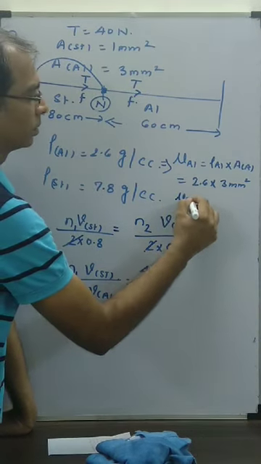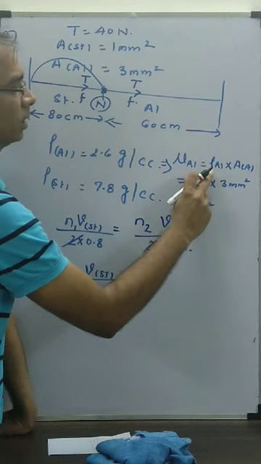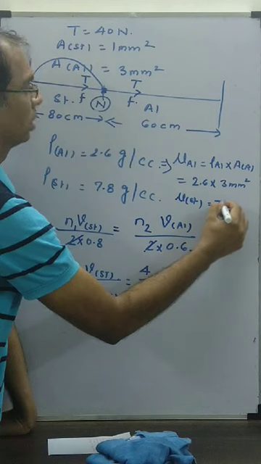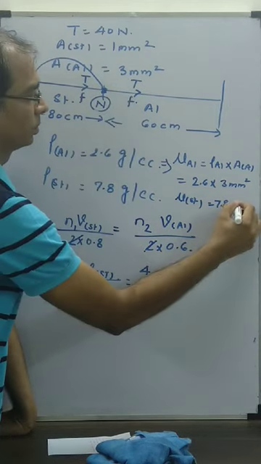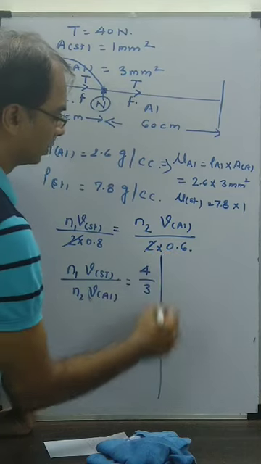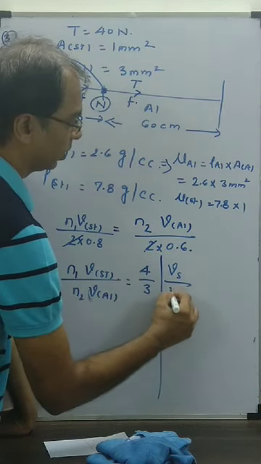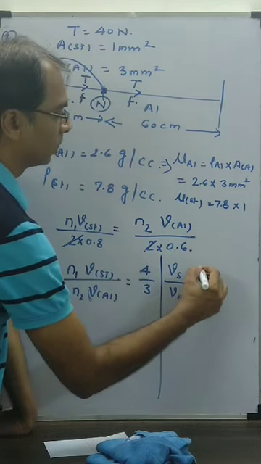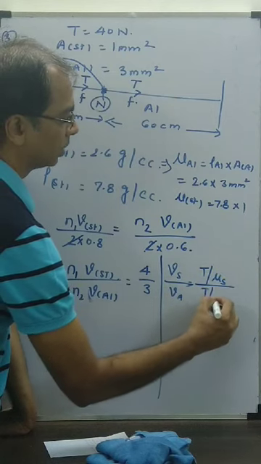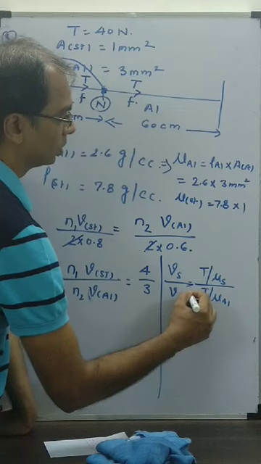Mu of steel, again density of steel into area of steel, density is 7.8 and area is 1. So what are we trying to find? Velocity in steel by velocity in aluminium, that is root of T by mu steel by T by mu aluminium.